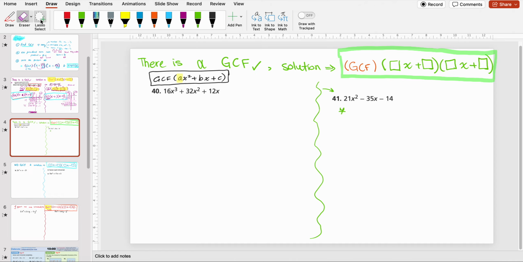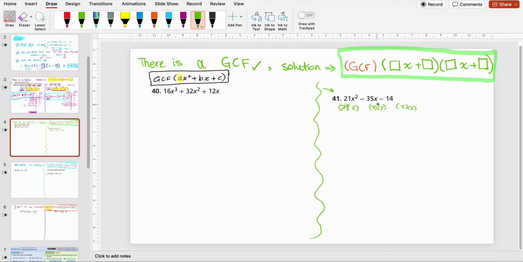If you still do not know, list the factors as normal. Like 21 is 1 times 21, 7 times 3, and then do the same here. Anyways, I know that the GCF is 7, so it's 7 times 3. Here it's 7 times 5, and here it's 7 times 2.